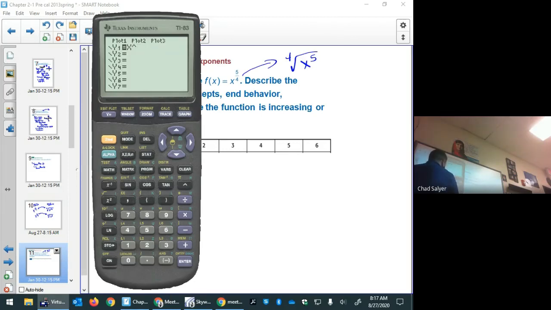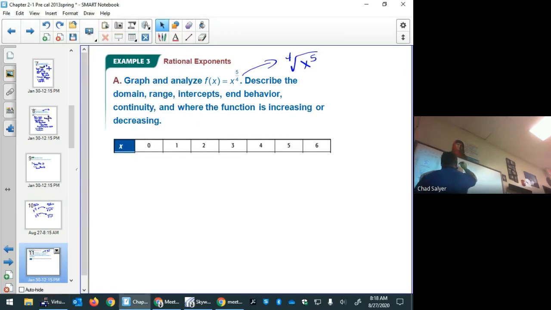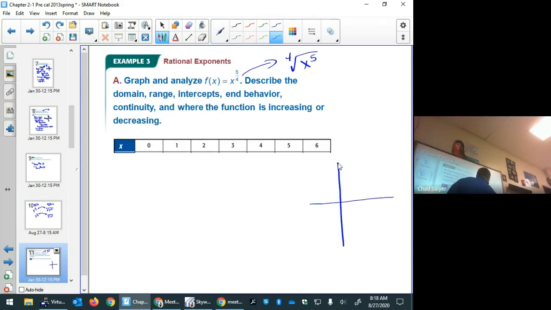X to the 5 divided by 4. And it's important to put this in parentheses. Some calculators, you can get away with not doing it, but this is not such a calculator. So here we see, starting at the origin, and then going upward into quadrant 1, we've got this slightly inflected graph, so it's not exactly diagonal.